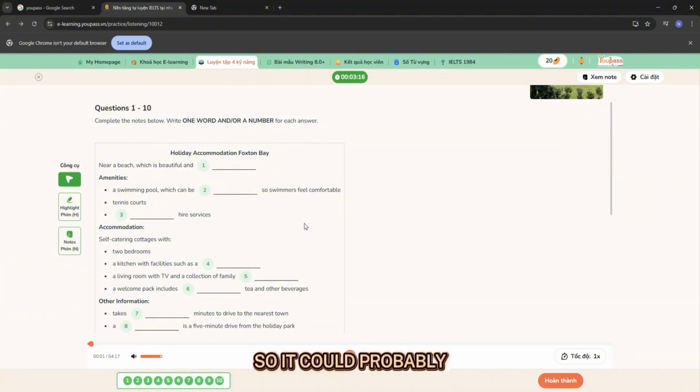So it could probably be a swimming pool. Maybe it could be clean, or I don't know, cool, or something related to the pool. Okay, pay attention to that.